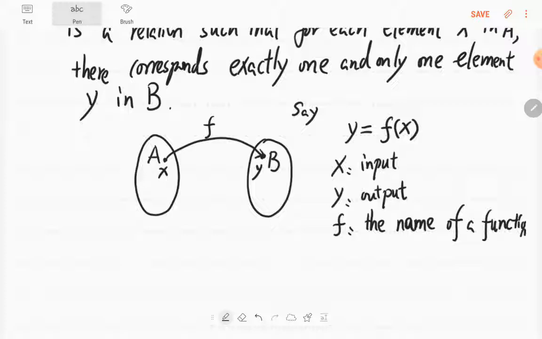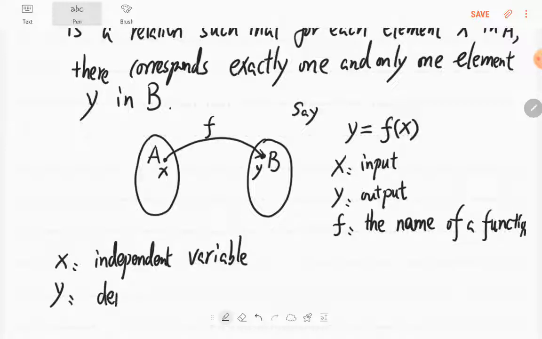Here x is also called the independent variable, and y is called the dependent variable, because y will change if x is different. So y depends on the choice of x. We say y is a dependent variable and x is an independent variable.